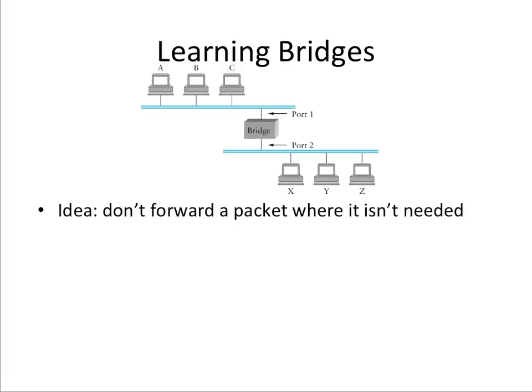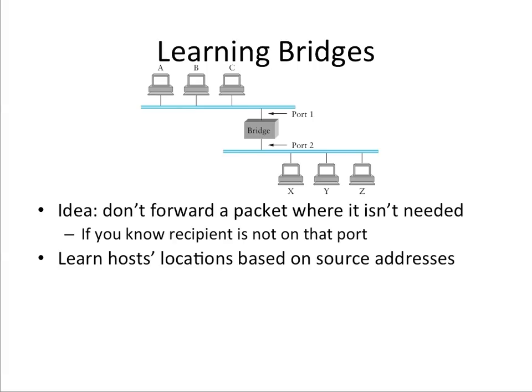We don't want to forward a packet where it is not needed. We want to minimize the time we use a particular segment so that legitimate communication can take place at that time. In order to do that, we need to know if a particular recipient is on that port, or we need to know if a recipient is not on that port to make that decision.